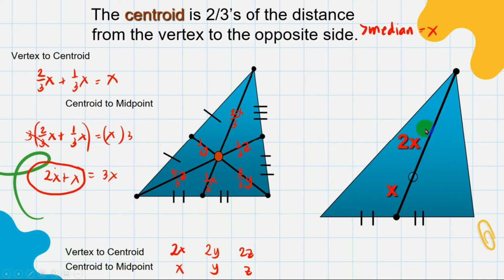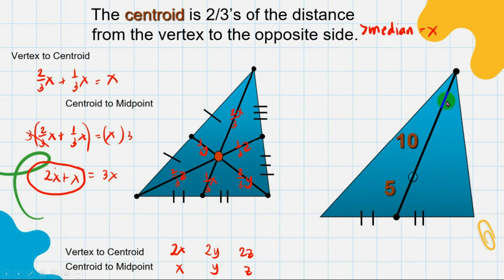Again, tandaan, yung mas mahabang segment from the median is 2x. Then, yung mas maikli from the median or from centroid to midpoint ay x na lang. So, twice siya, itong segment na to ay twice itong mas maikli. So, itong mas maikli na ito ay kalahati lang nitong isang ito.